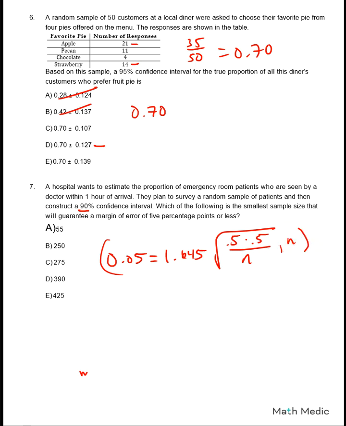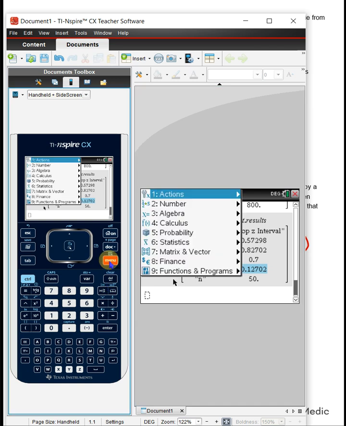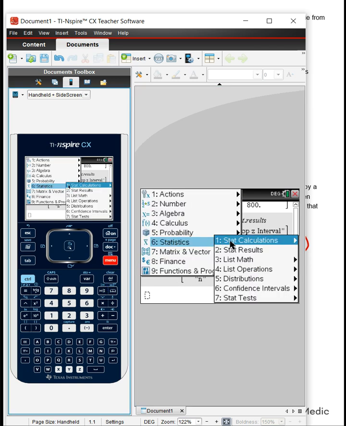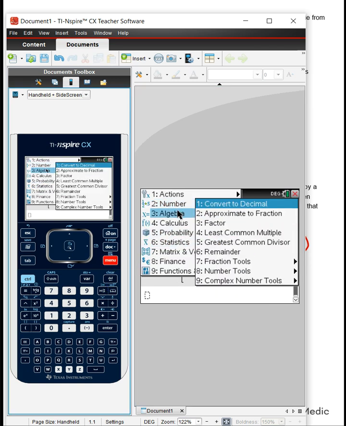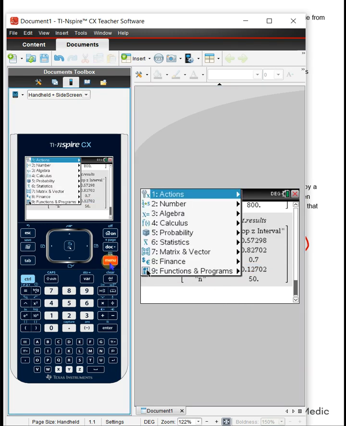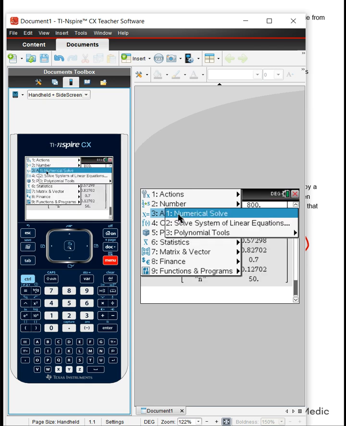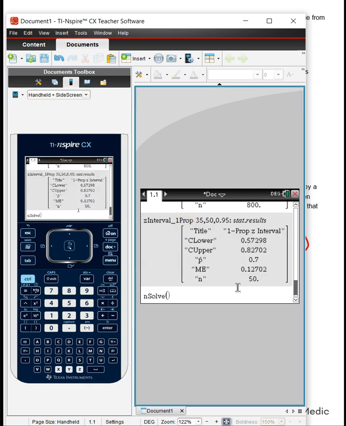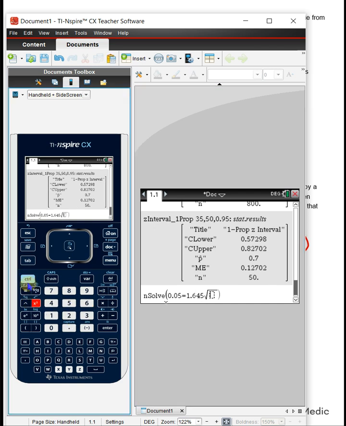All right. So we got menu, statistics. Oh, no, we're doing algebra, numerical solve. Oops, let me get on the right thing here. Menu, algebra, numerical solve. And so we do 0.05 equals 1.645 times the square root.